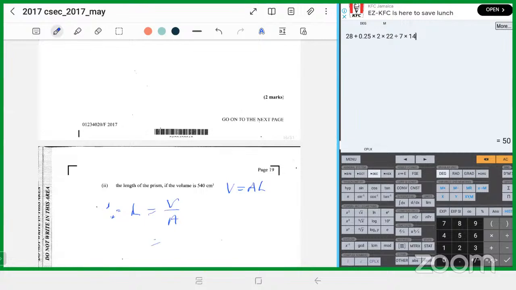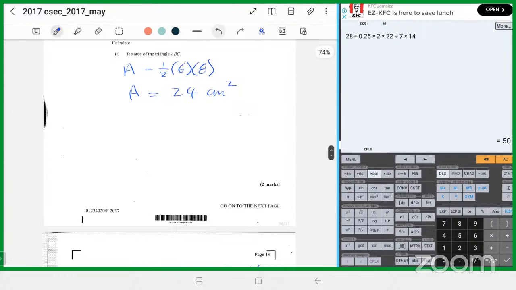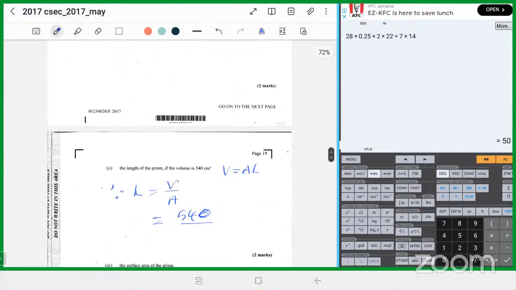The volume is 540 over the area that we just calculated, which is 24. 540 over 24 becomes the length of the prism, L. Dividing 540 by 24 gives 22.5 centimeters. 22.5 centimeters is the length of that prism. Nice and easy. Are we good with that?